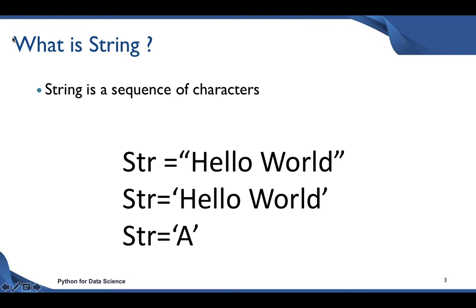So remember, there is no such data type called char in Python. Whether you write a single character or a sequence of characters, it represents the same thing, so it is represented as a string only. Whatever you write inside a double quote or a single quote is known as a string.